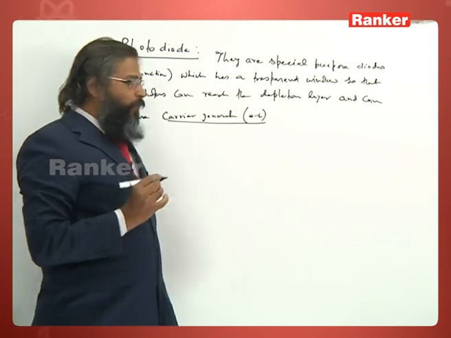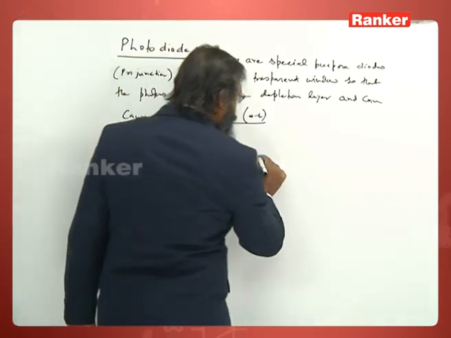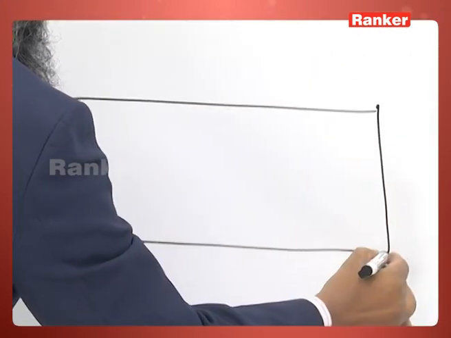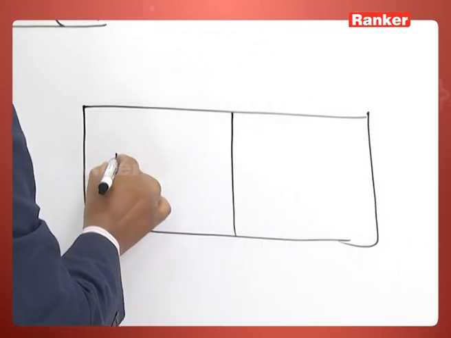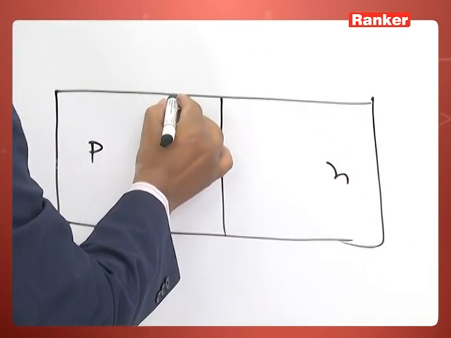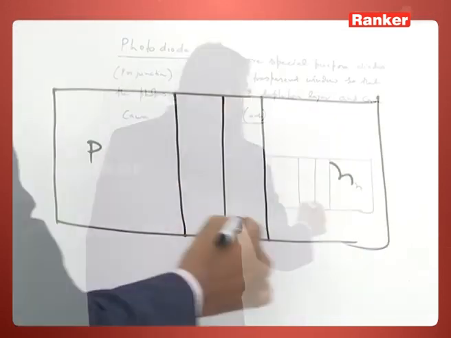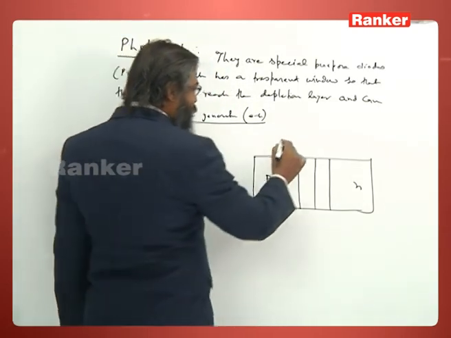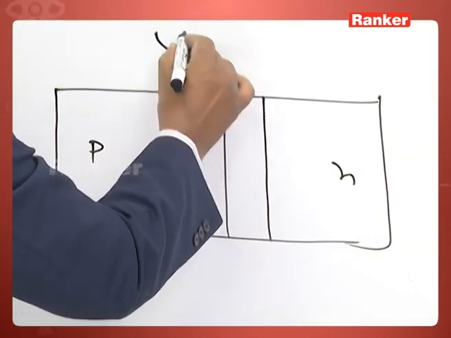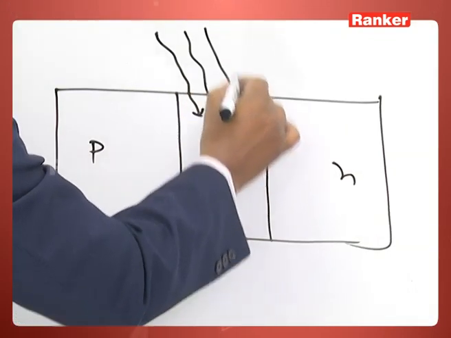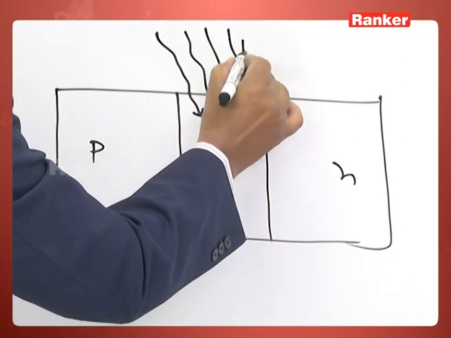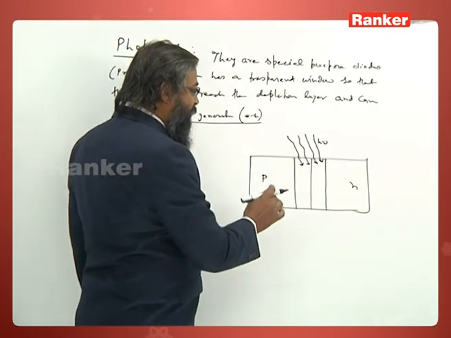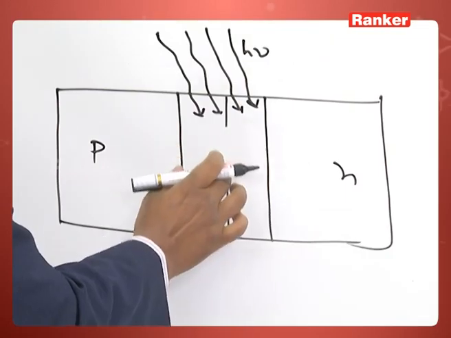So, in this photodiode, you see this is a normal PN junction. This is the depletion layer. This is the block diagram. So, the light here has to fall here. When the light falls in the depletion layer, electron hole pairs are created.